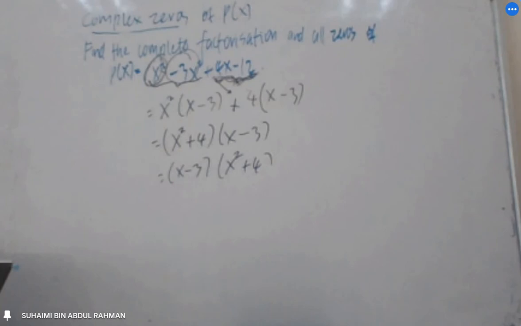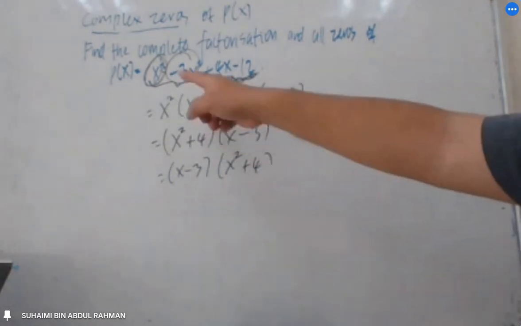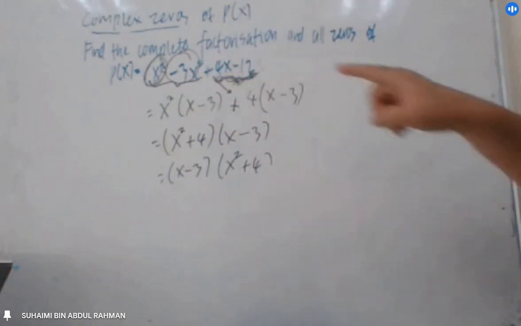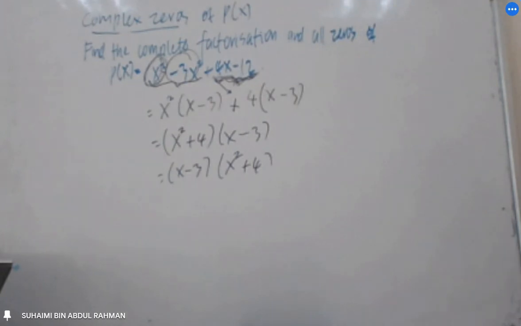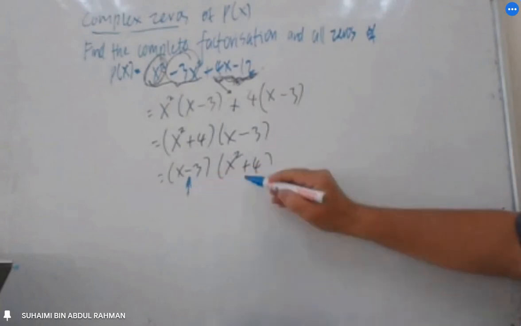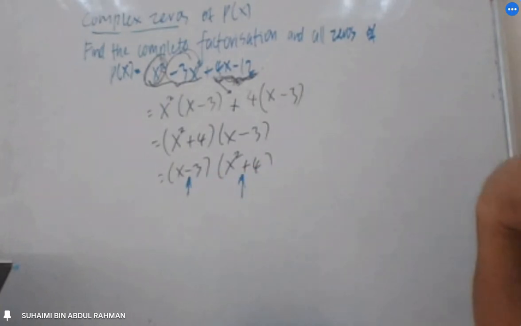Okay. This polynomial has how many zeros? 3 zeros. Therefore, 1 zero we get from here, and 2 zeros we get from here.